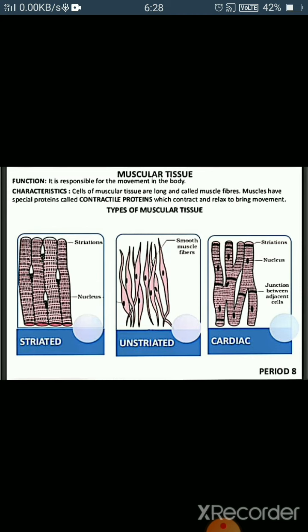Another is unstriated. Unstriated muscles are found in the alimentary canal, in the movement of food in the alimentary canal, or the contraction and relaxation of blood vessels.